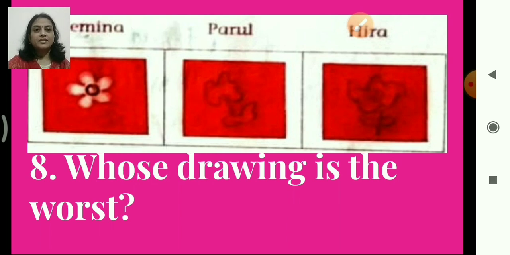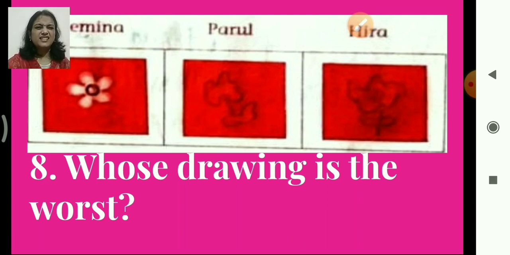Again, the three drawings. Whose drawing is the worst? Now here we can see Semina's was the best. Now again we have to compare all the three drawings with each other. So which one?